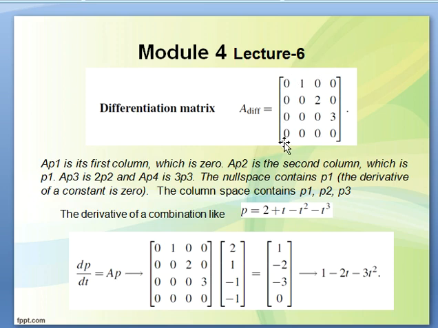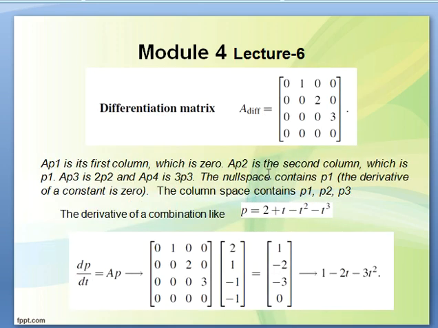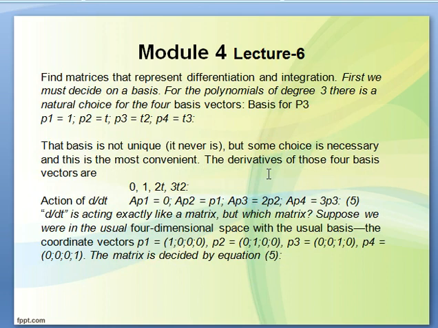these vertical or column axes as A0, A1, A2 and A3, and these would be 1, t, t square and t cube. And this all represents how it was obtained.